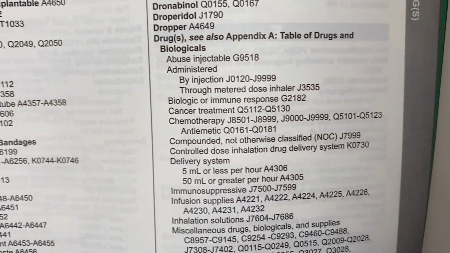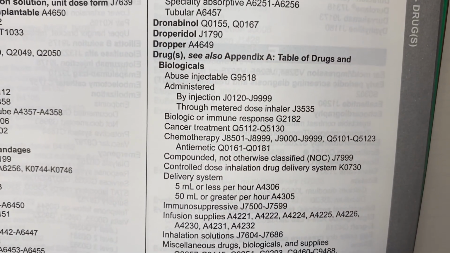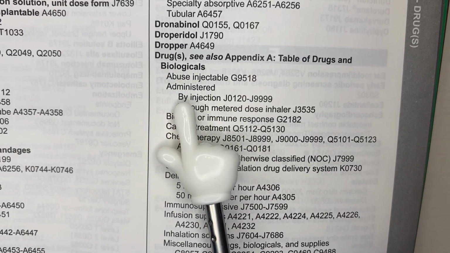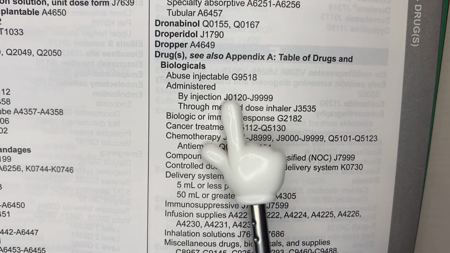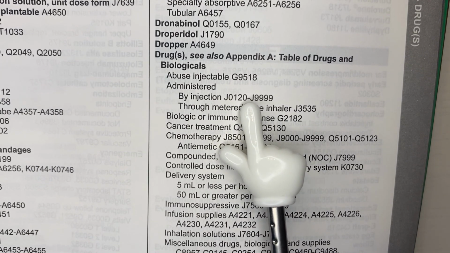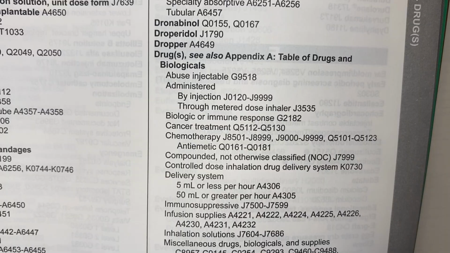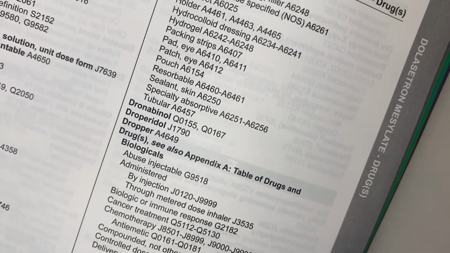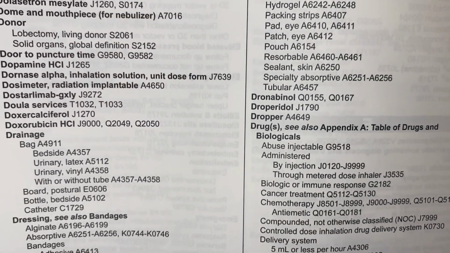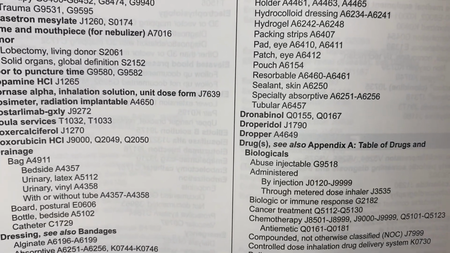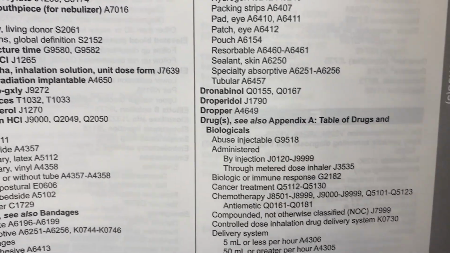From the index, we look up drugs, and from drugs, by injection, and that gives us J0120 through J9999. When we're looking up drugs, there's a drug table in the back of the HCPCS book. So we'll take it right to that drug table, which is Appendix A.